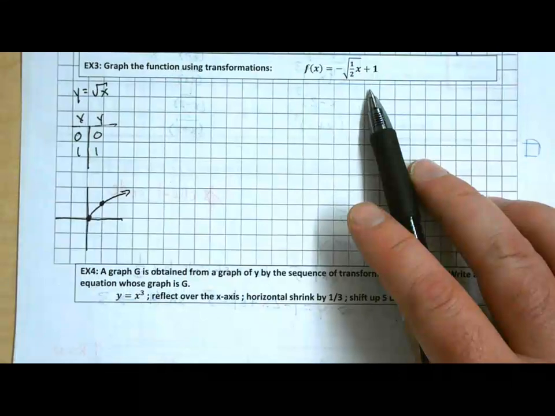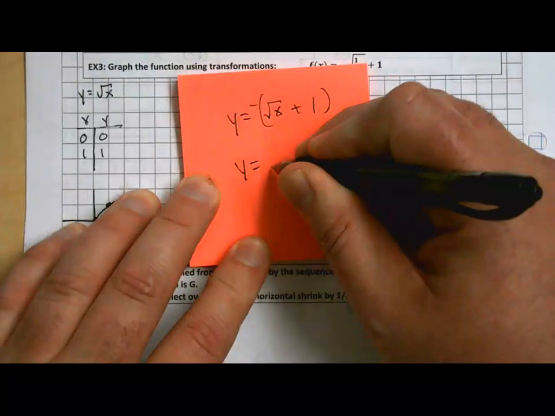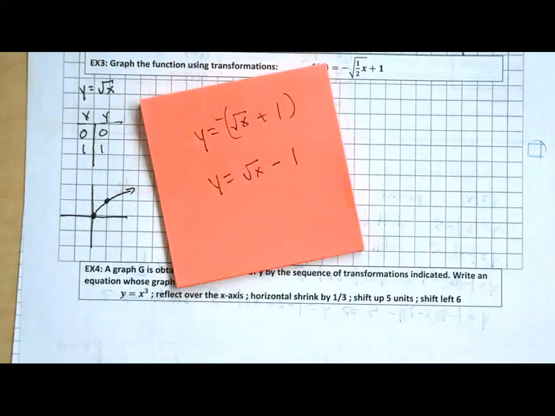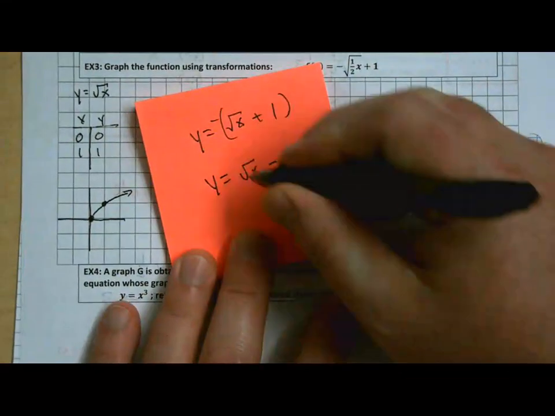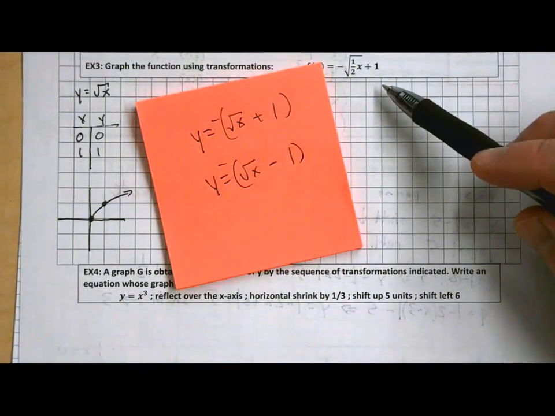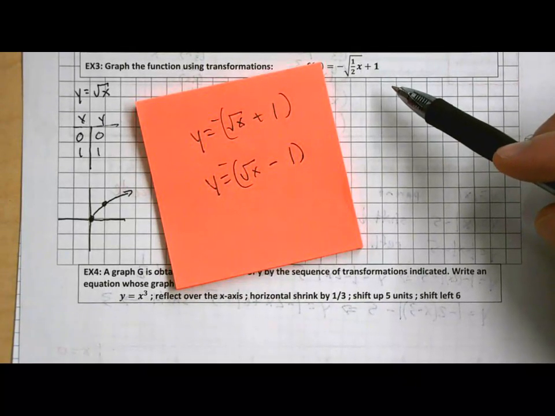Now we could get clever about it: if you absolutely wanted to do that vertical shift first, we could shift it down instead of up, and then come back and multiply everything by -1, and that would get us where we're going. But do we want to get complicated like that, or do we want to take the simple way?